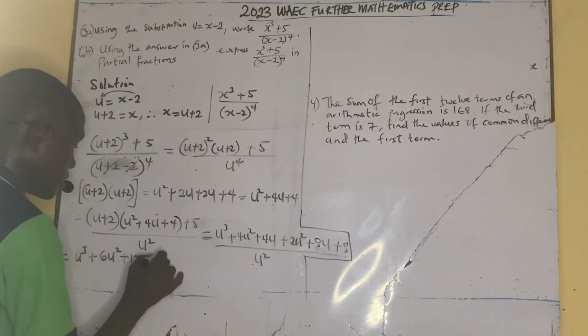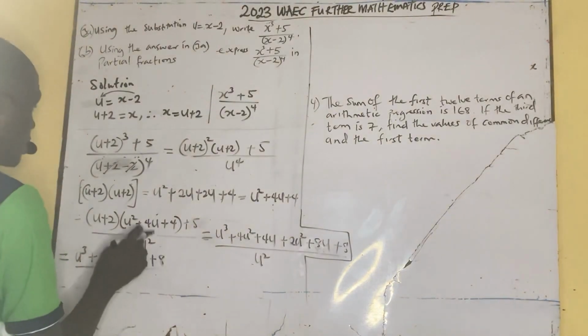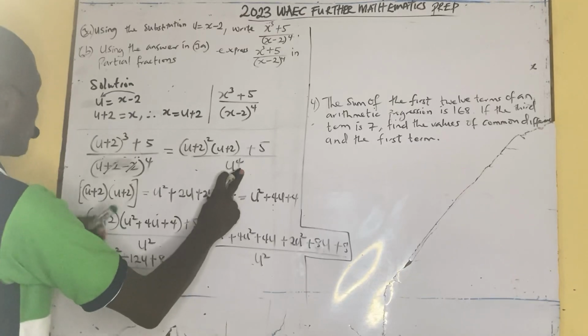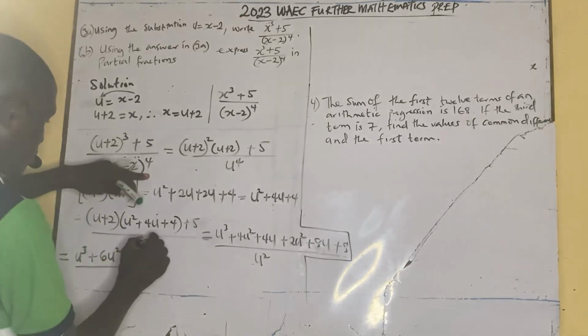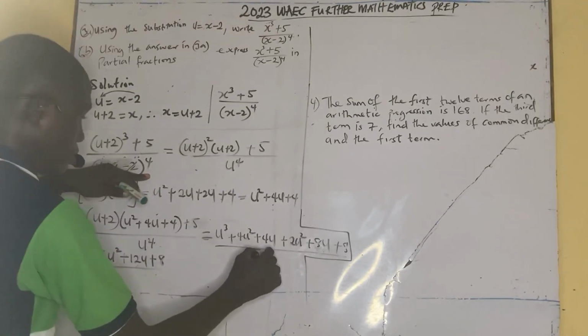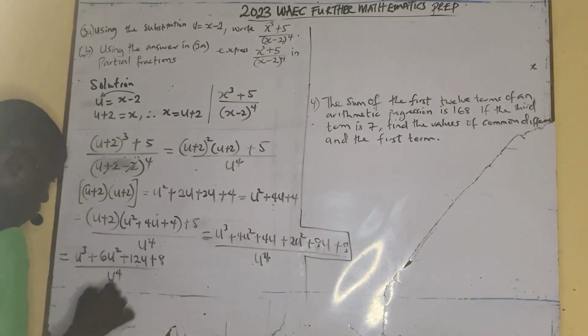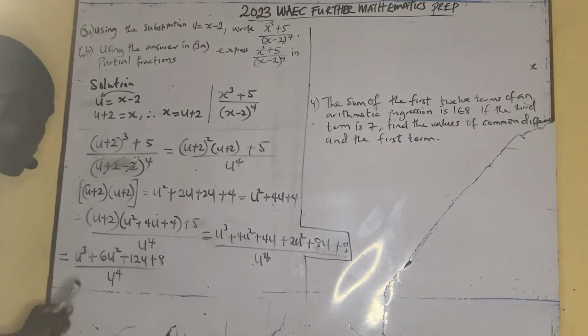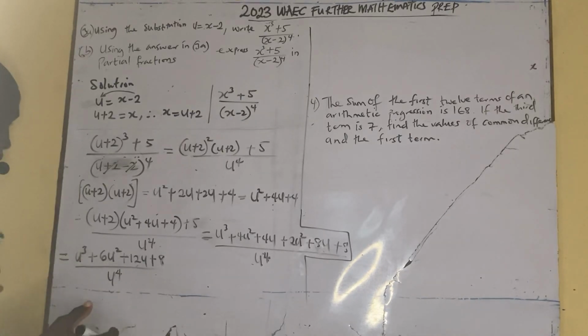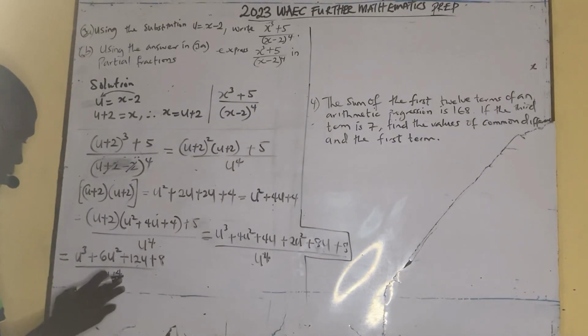Please don't forget, this one is all over u raised to power 4 because it has cancelled out. So this one is supposed to be u raised to power 4. So that's that. Now we can separate this out. How do I separate it out?